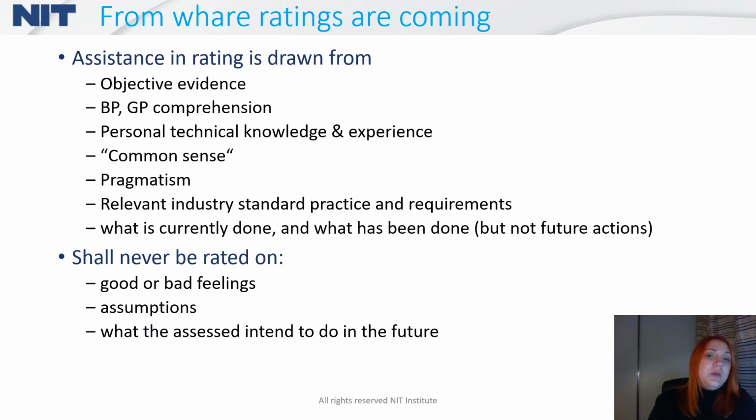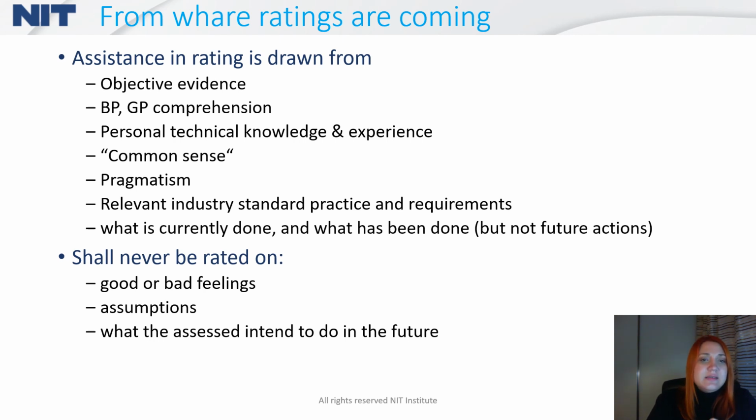Now, when we are talking about the ratings and where they're coming from, we can say that the notes, which are basically the key to the ratings, must be taken very, very efficiently.